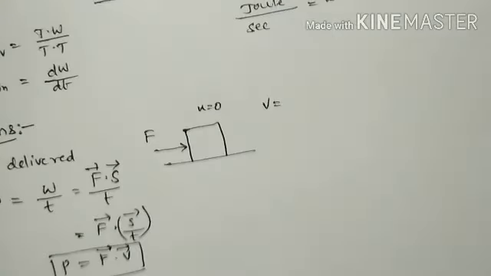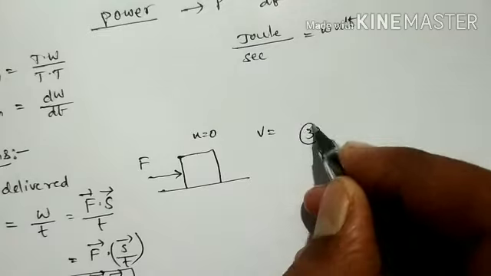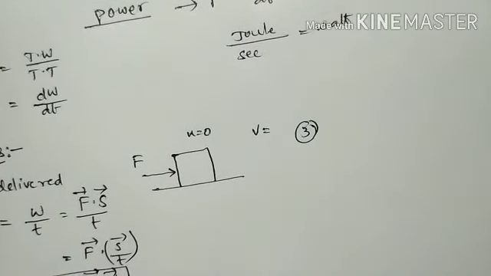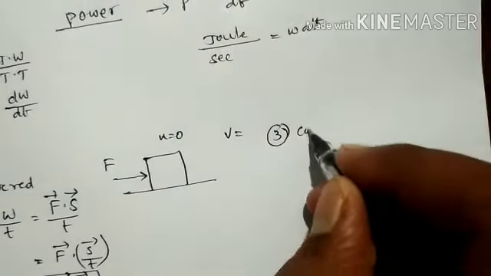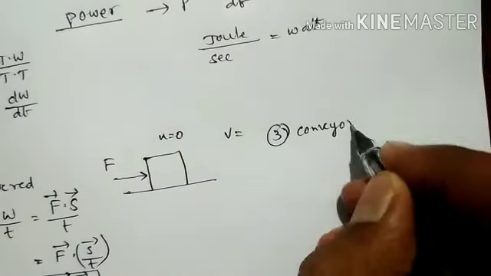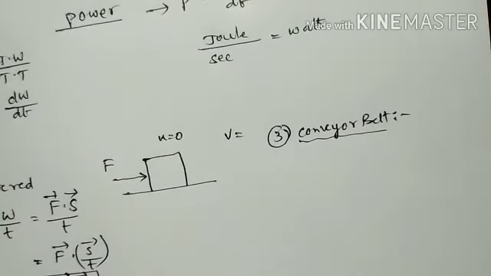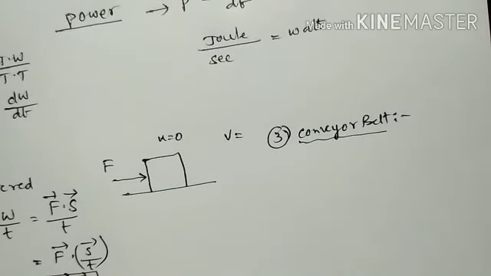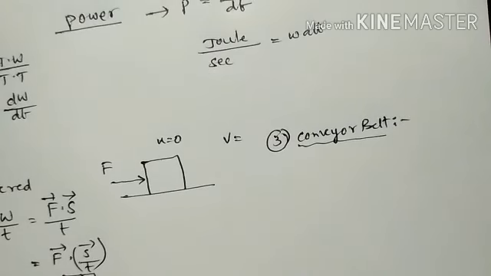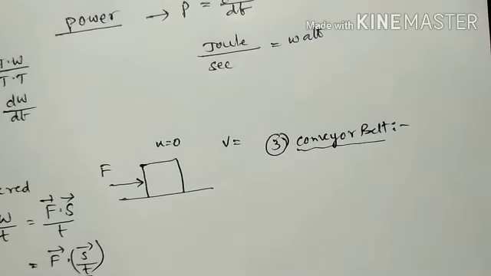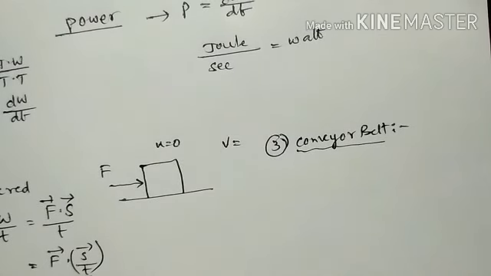We can consider one more application, that is the third one. The third application is the conveyor belt. So what is a conveyor belt? Whenever we go into a shopping mall, or an airport, or Tirumala temple, or the metro railway station, we can see a belt carrying objects onto rollers.